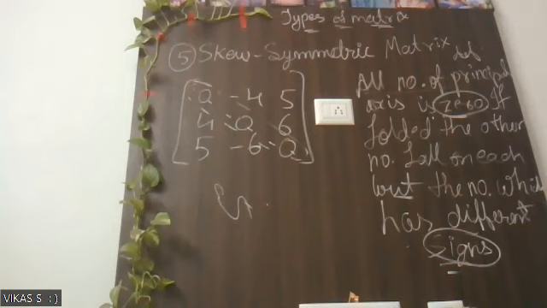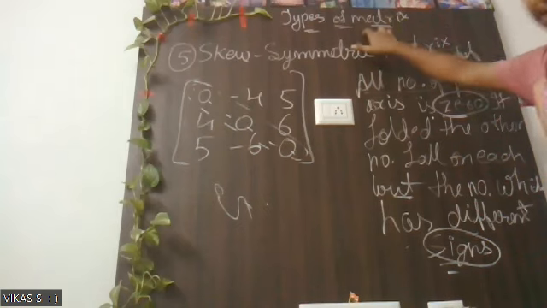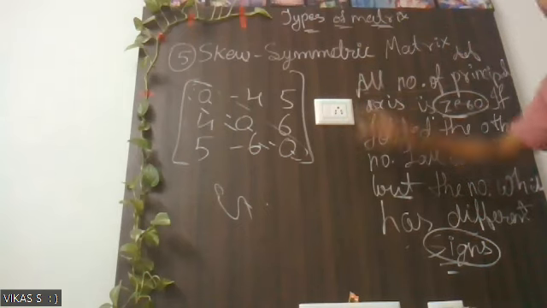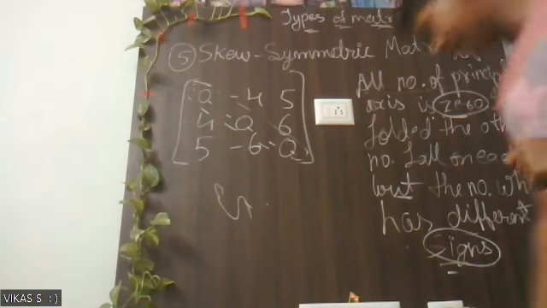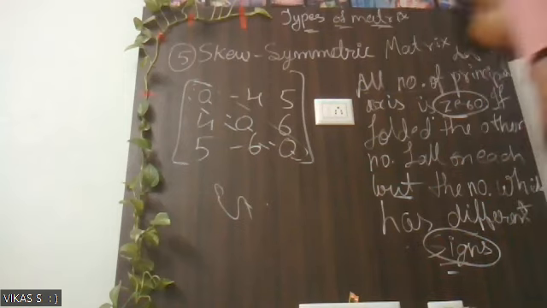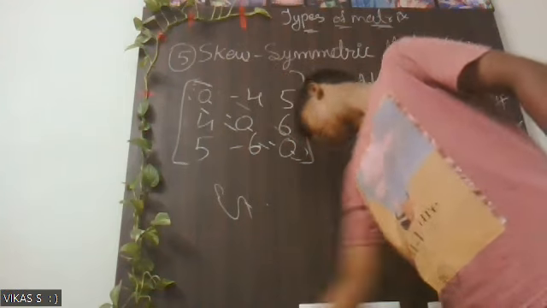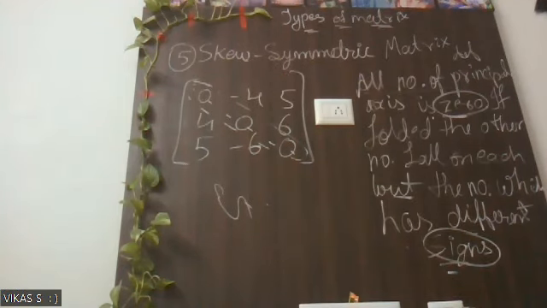So these are the types of square matrix. Now there is one rectangular matrix. Let me erase this.